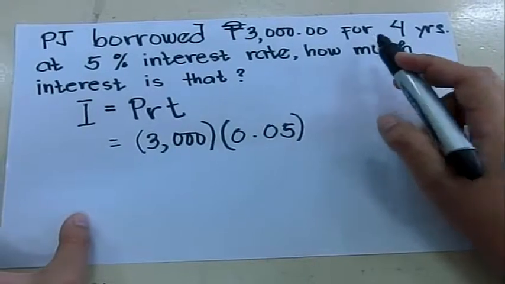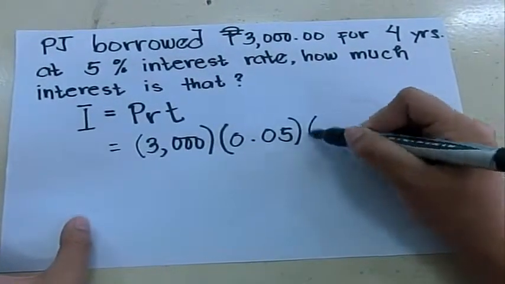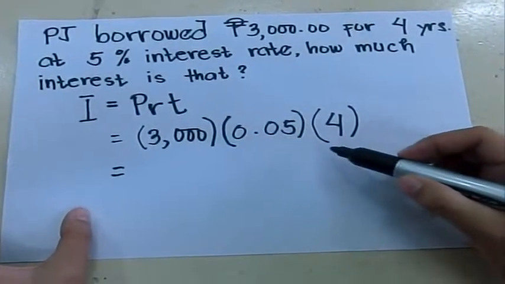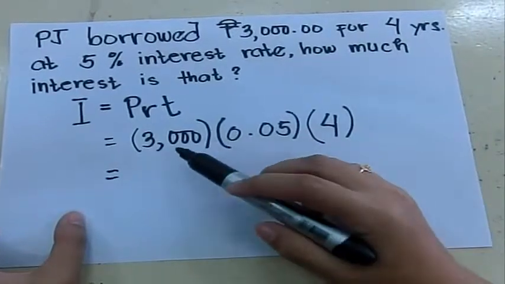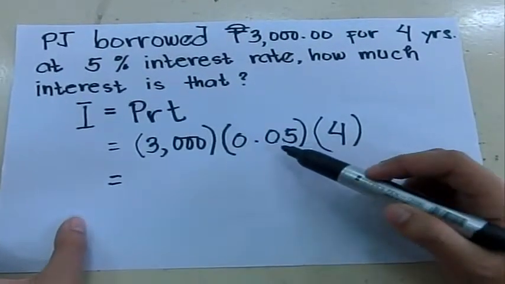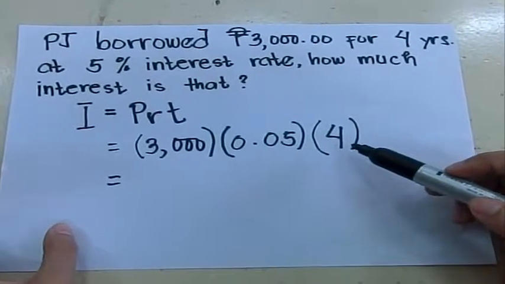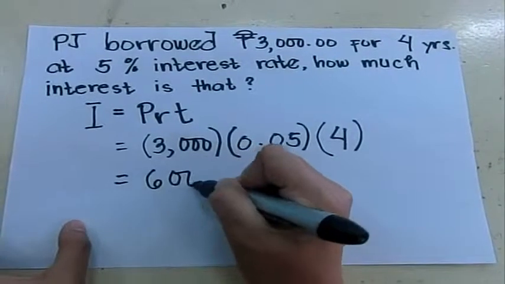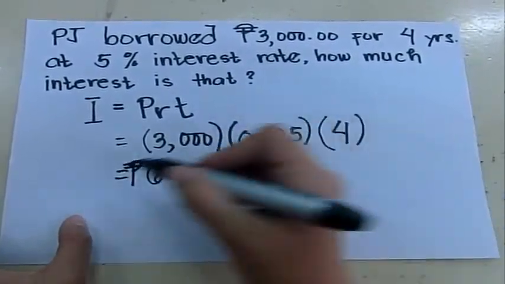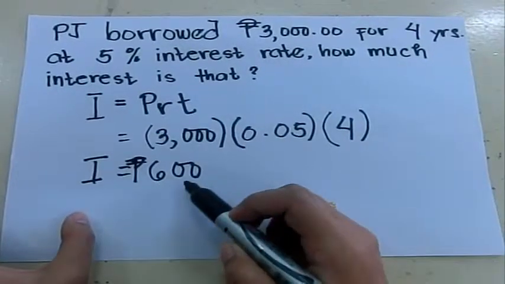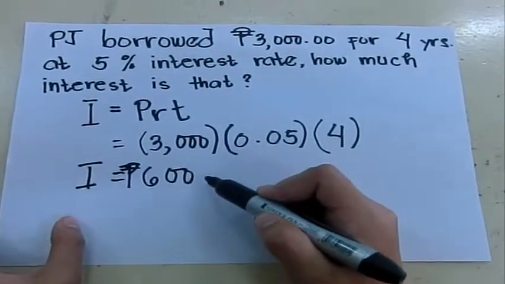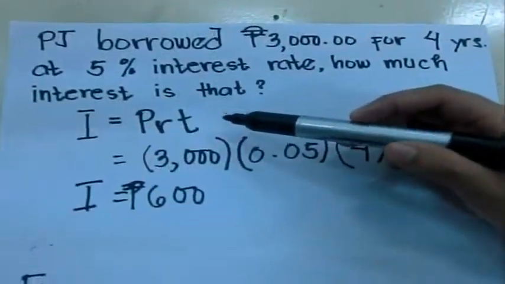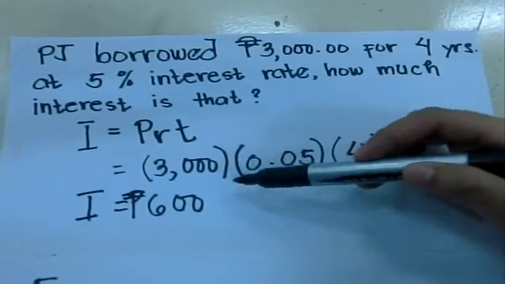The given time is 4 years. So 3,000 times 0.05 times 4 is equal to 600 pesos. So that is the interest after 4 years. This is the process in solving interest problems.